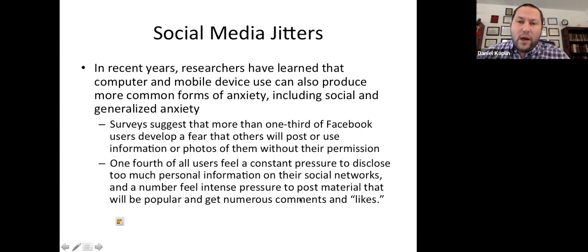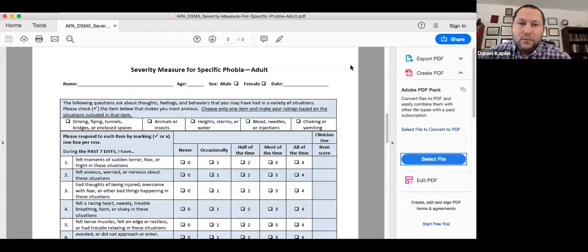So the last thing I want to do is share with you a screening instrument that the American Psychiatric Association put together for specific phobias. Okay, so this is the DSM-5. The work group helped to develop a severity measure for specific phobia. This, in particular, we're not talking about agoraphobia necessarily. We're not talking about social phobia necessarily. The focus is on the more broad, specific phobia.